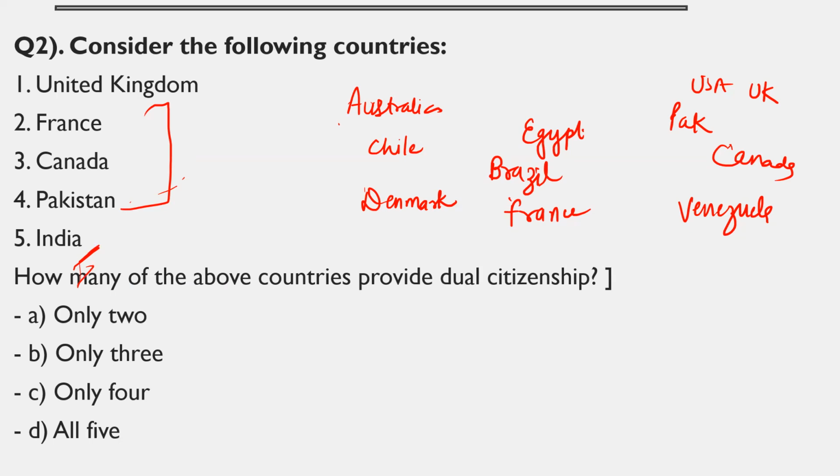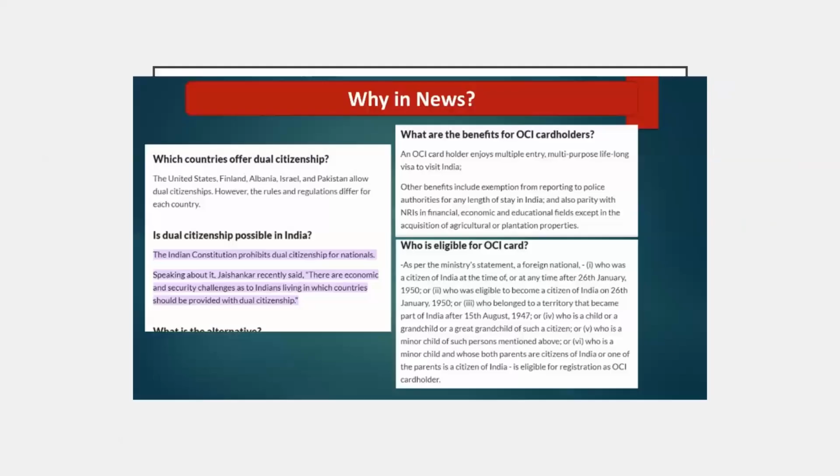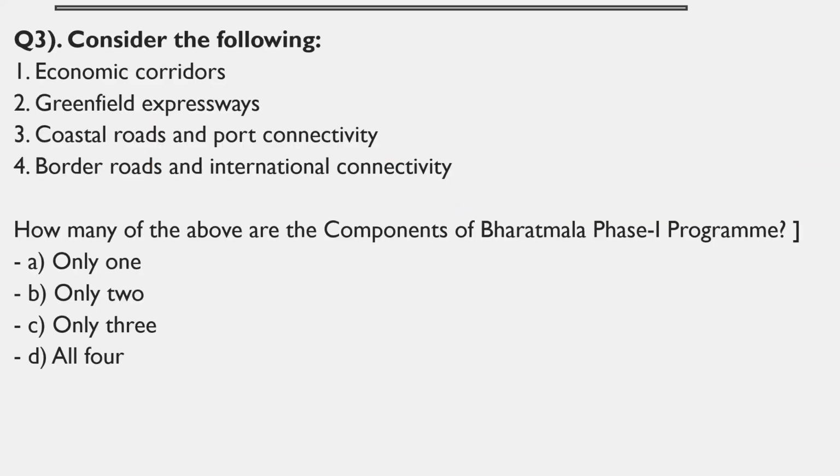These are the names of the countries. You can add some more also, but these are the major countries offering dual citizenship, which might be important for the examination. That's why I told you the names, so make sure you write these down. Moving on to the third question, which is about the components of Bharatmala Phase 1 program.